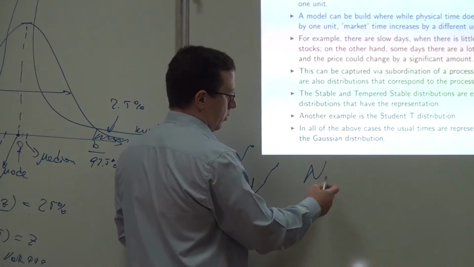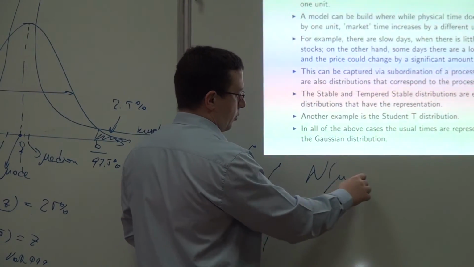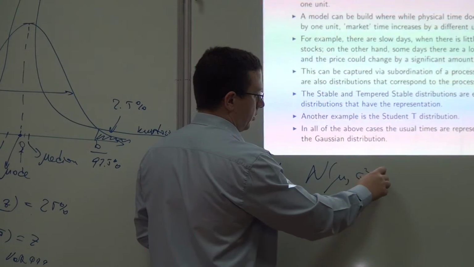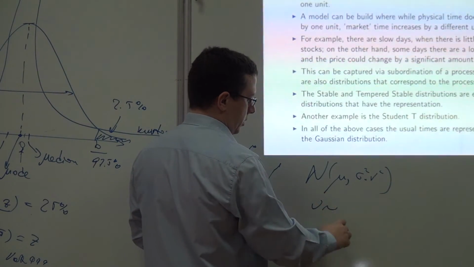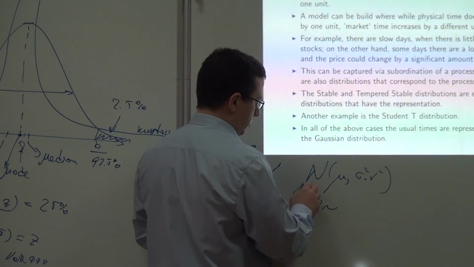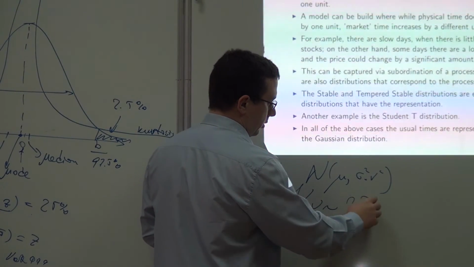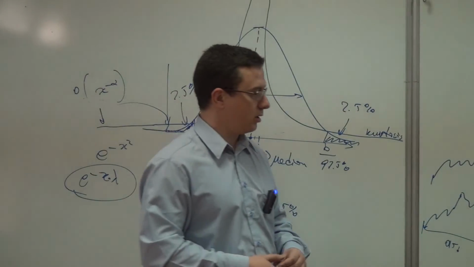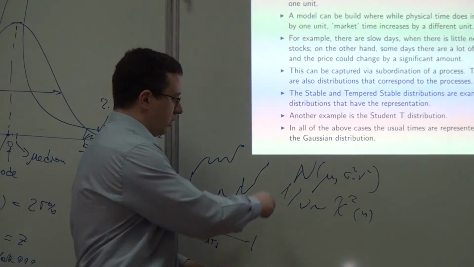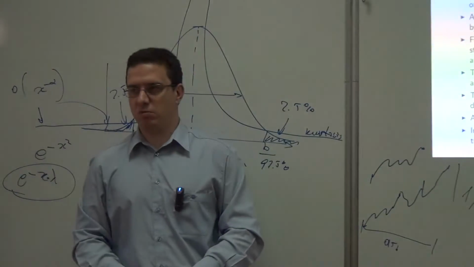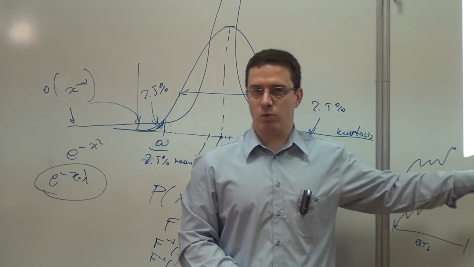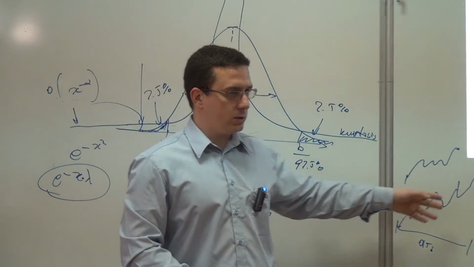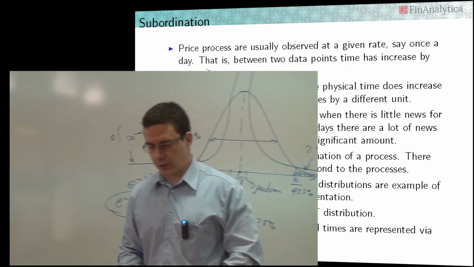You just take the normal with a certain parameter, and 1 over v would be chi-square with a given number of degrees of freedom. And this basically defines a t distribution. It's very easy to write down, very easy to work with in this sense. It's in statistical textbooks.